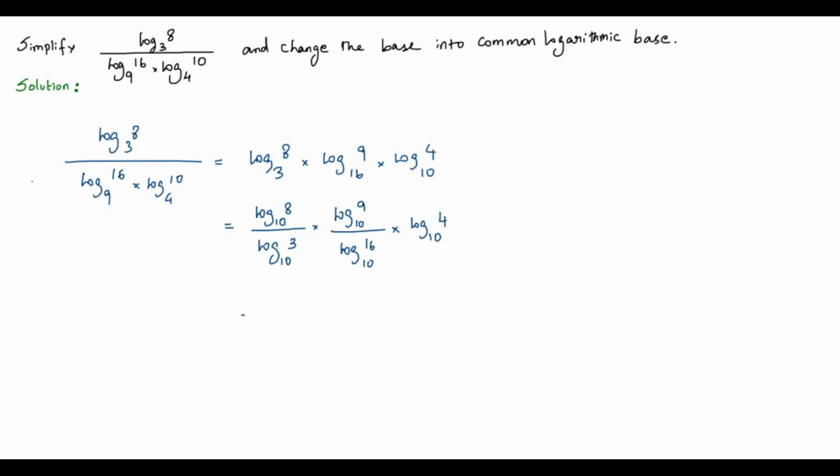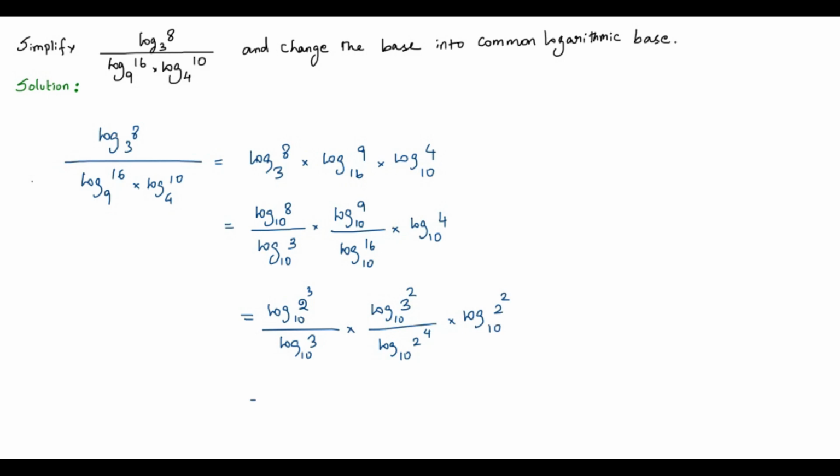In the next step of simplification, log 8 can be written as 2 to the power of 3, and here log 3 to the base 10 times log 9, 9 can be written as 3 to the power of 2, and 16 can be written as 2 to the power of 4, and here the 4 can be written as 2 to the power of 2 to the base 10.